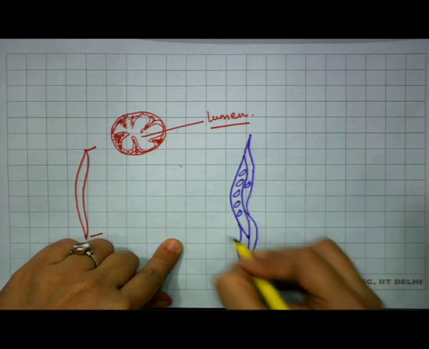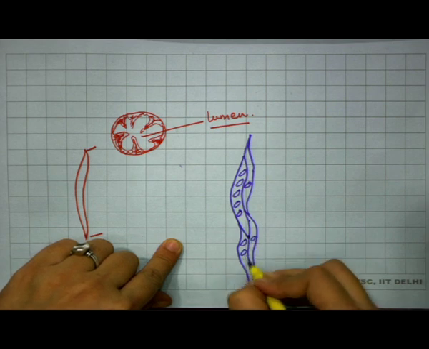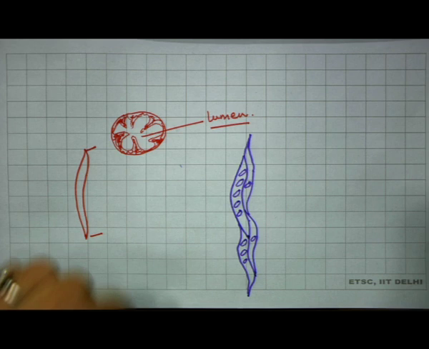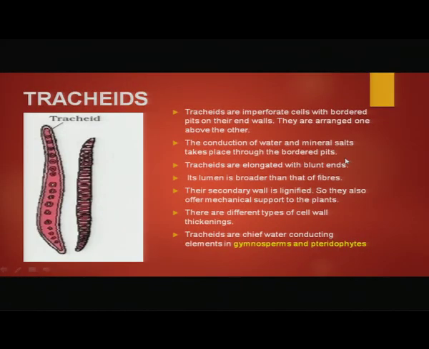These pits help in flow of water from one tracheid to another. So, conduction of water and mineral salts takes place through the bordered pits.